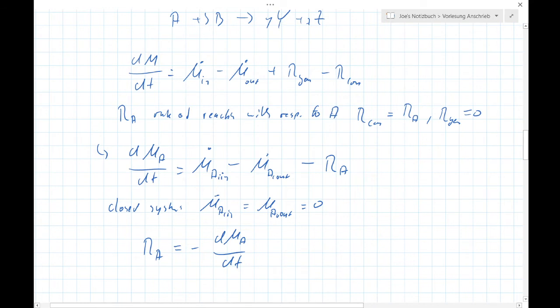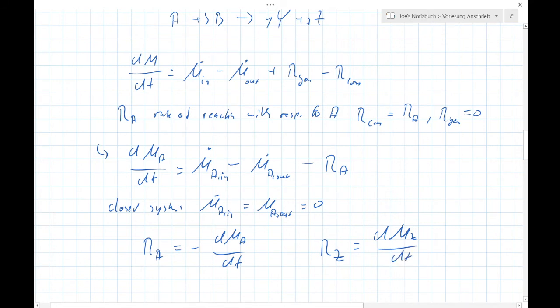And accordingly, you can do the same for R_B and for R_Y and R_Z, and you will see as R_Y and R_Z, we don't have the consumption, but we have the generation. Therefore, R_Z, for example, will look like this. R_Z is dM_Z/dt, positive sign.